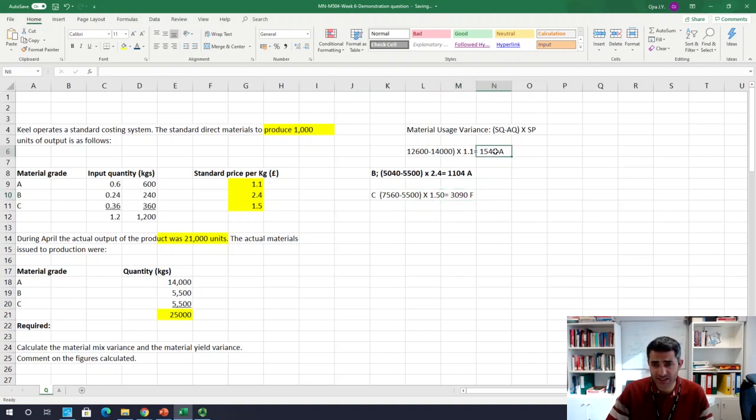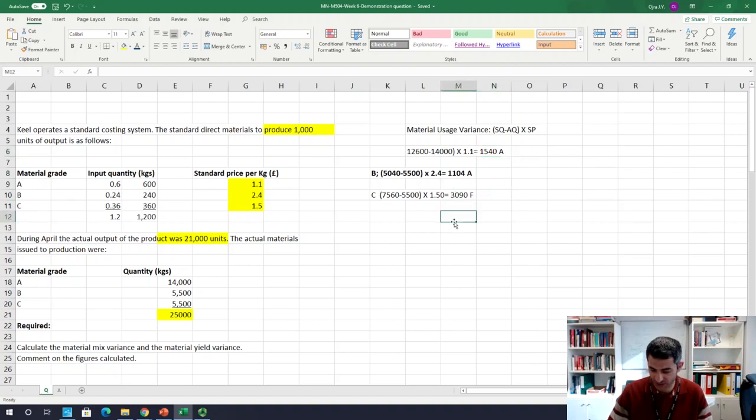So if you add this, this is 3,090 favorable. Treat favorable as a positive number and adverse as a negative number. So I would say 3,090 minus 1,104 minus 1,540.